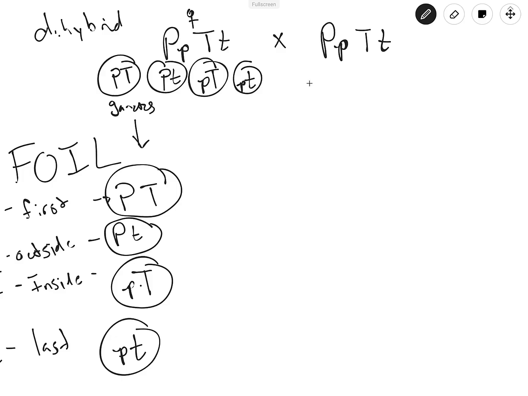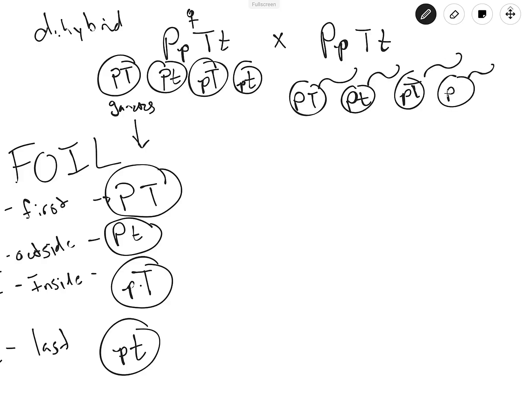Dad can make the same 4 sperm: big P, big T, big P, little t, little p, big T, little p, little t. So now I'm looking at the number of gametes, and I have 4 from mom and 4 from dad, and that's more than a 2x2 square. I'm going to need a 4x4 square for my Punnett square.